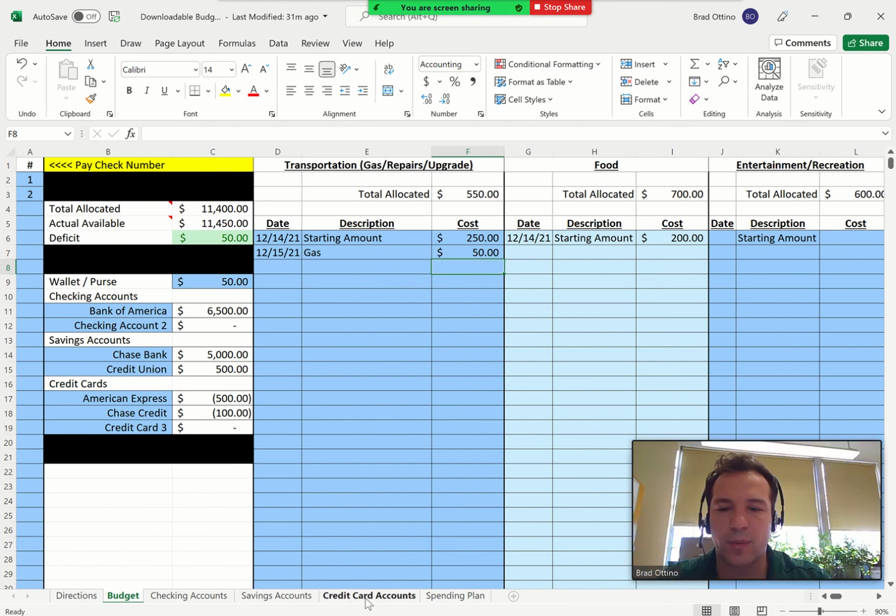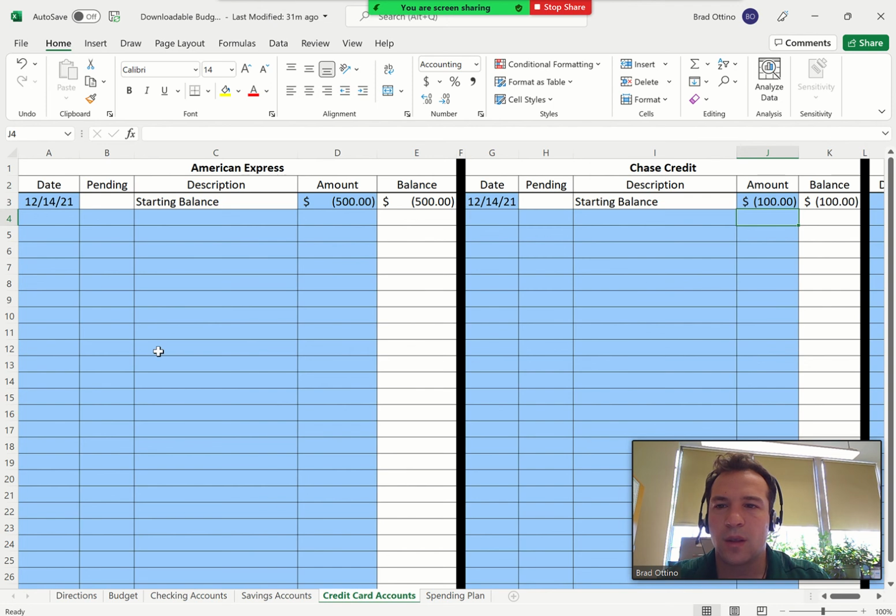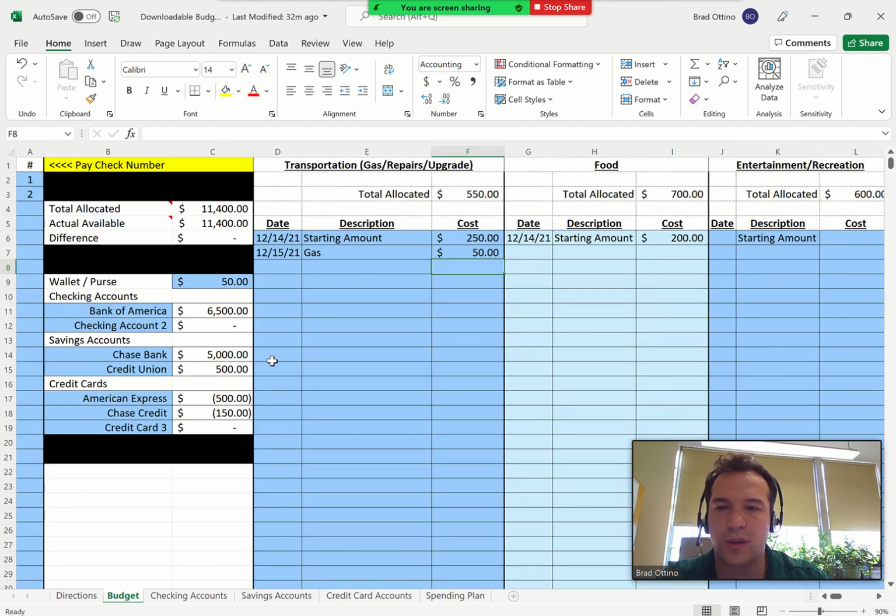I'm going to go into my credit card accounts, and I put this on my Chase credit card. So today's the 15th. I'm going to type gas over here, and I'm going to put minus 50. Anytime we have a transaction on a credit card, it's negative unless we are entering in a payment. If we go back to budget, you could see everything is now balanced.